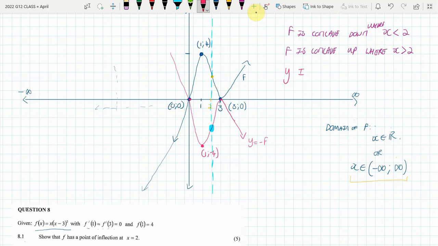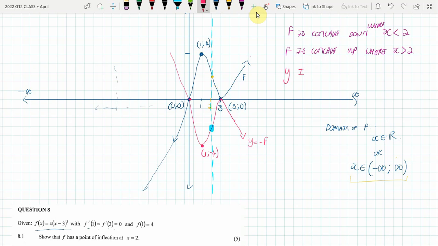Okay, so it helps to sometimes compare graphs, especially when you are asked about a graph that is related to a graph that you already have. For example, we had the graph of f, and now we are required to use it to make predictions regarding the graph of the reflection of f.